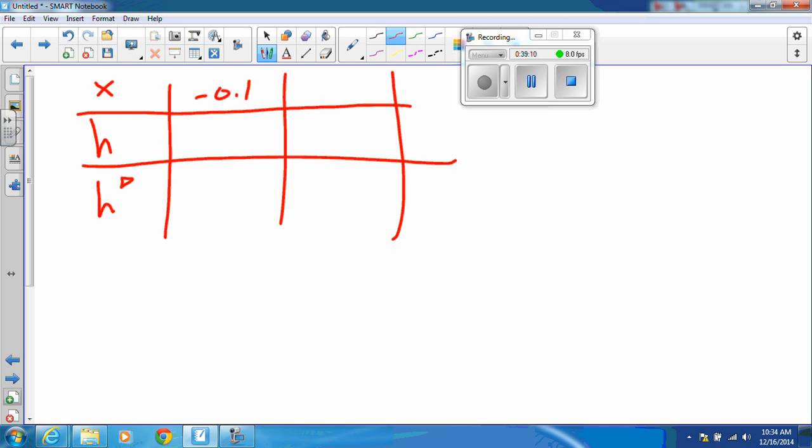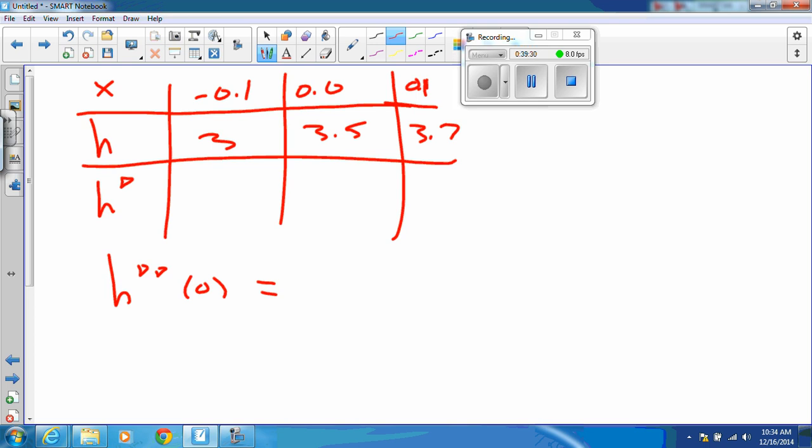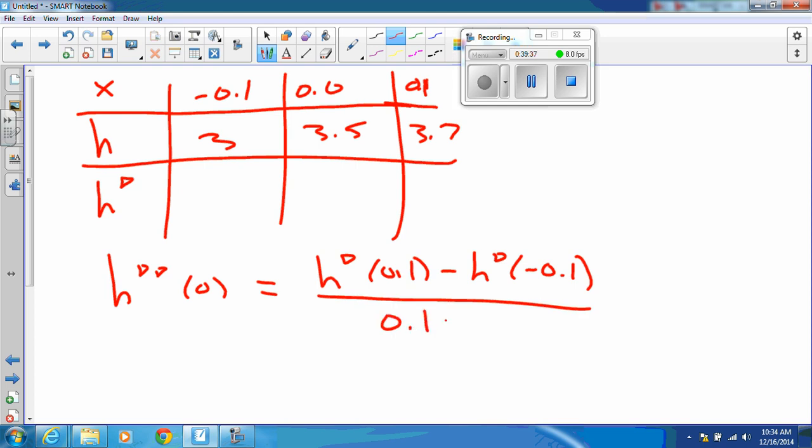All right. So we have this information given to us, and we are looking for h double prime of 0. I'm going to think about it like this. H double prime of 0 should be, going to either side of 0, h prime of 0.1 minus h prime of negative 0.1 over 0.1 minus negative 0.1.